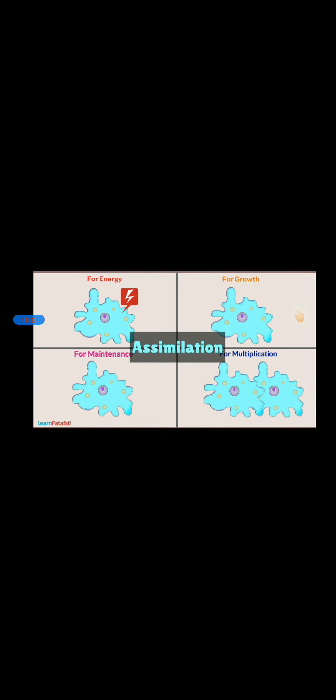Assimilation. The food entering in cytoplasm is used for energy, growth, maintenance, and multiplication. This is called assimilation. Excess food is stored as glycogen and fats. Egestion. The undigested waste is taken near the cell membrane and then thrown outside the cell body by rupturing, that is, cutting the membrane. This is called egestion.